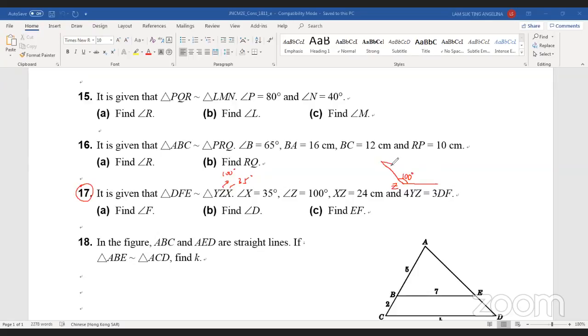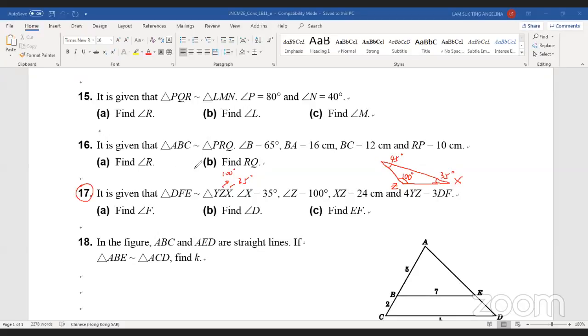And then there's an X. Maybe X is here, 35. And how about this one? This one will be 45, right? And then DEF will just look the same. The same shape, but maybe a different size.